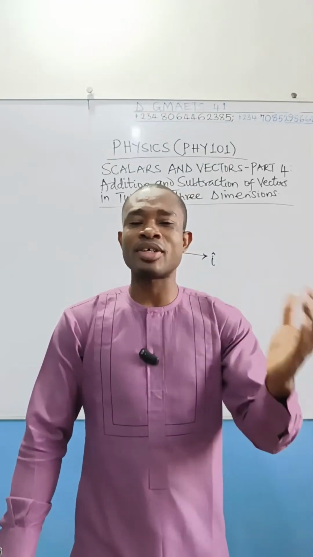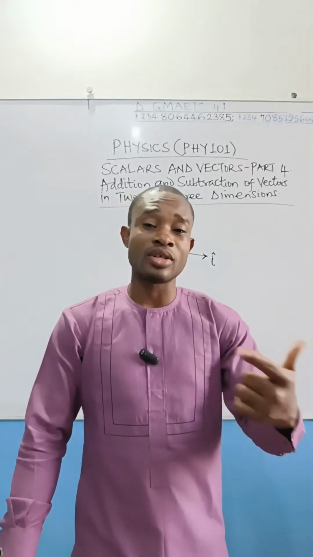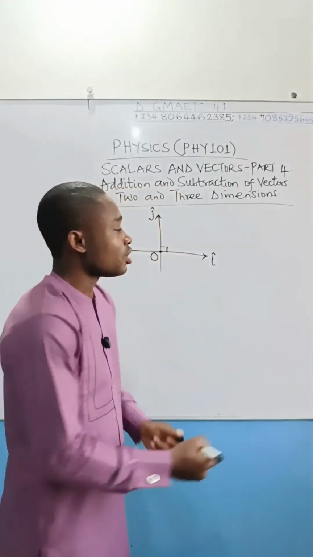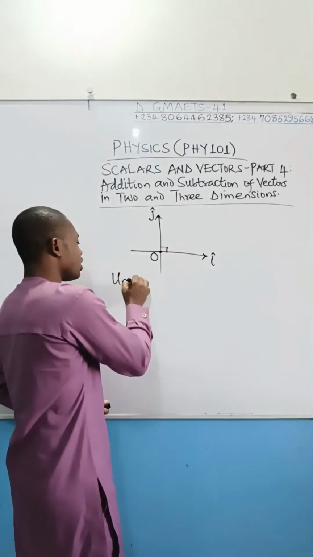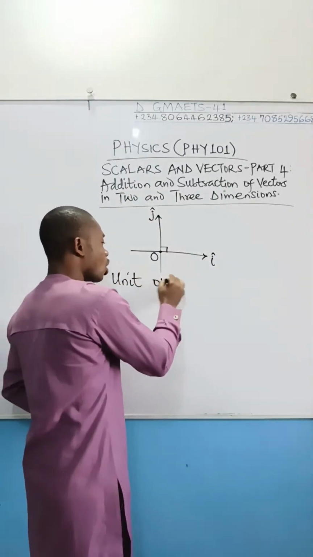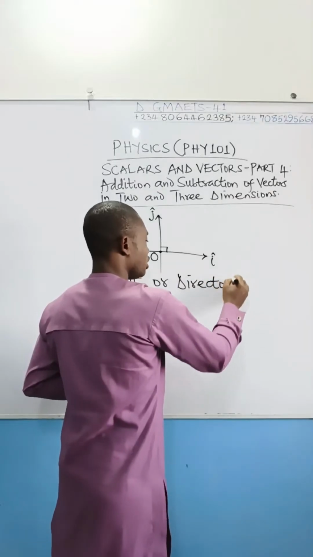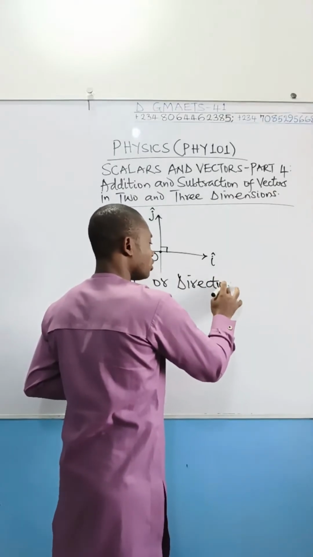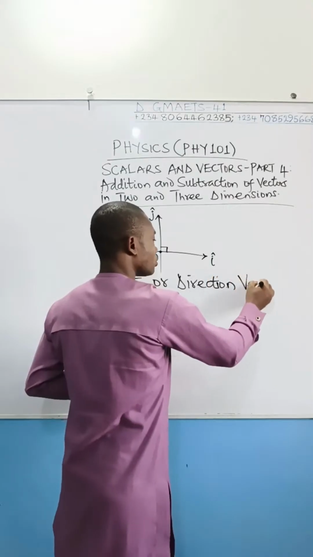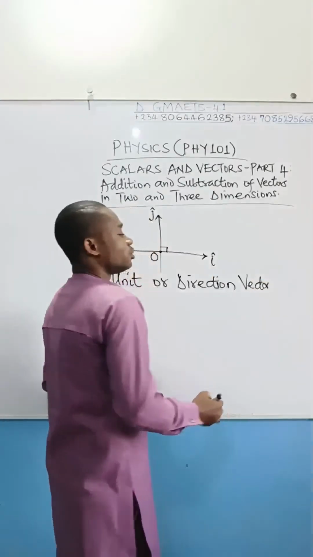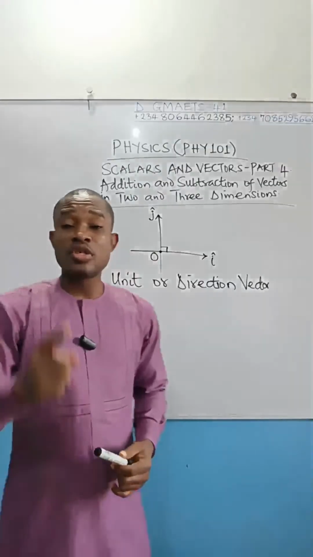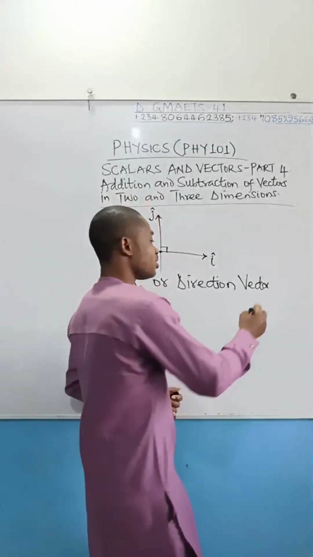We refer to them actually as unit vectors or direction vectors. So we shall start first by defining the concept of unit or direction vector. Permit me generally to use U to represent that unit vector.